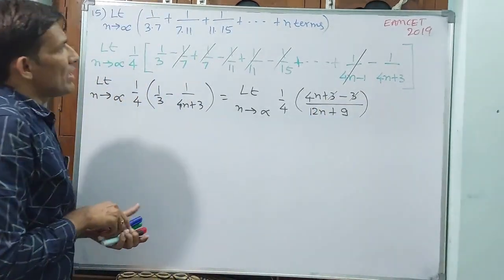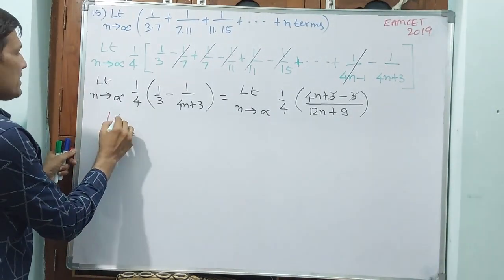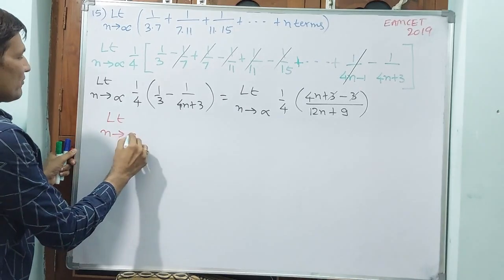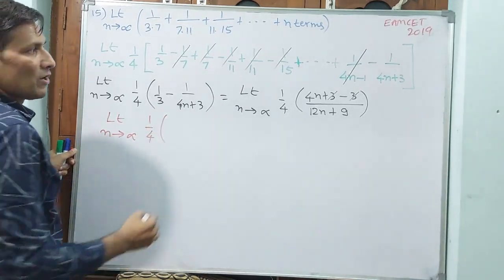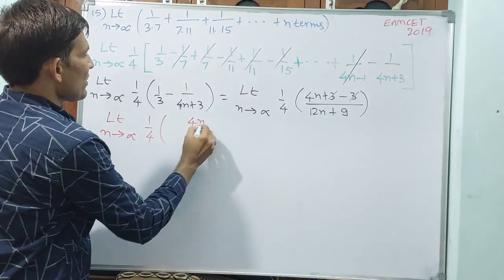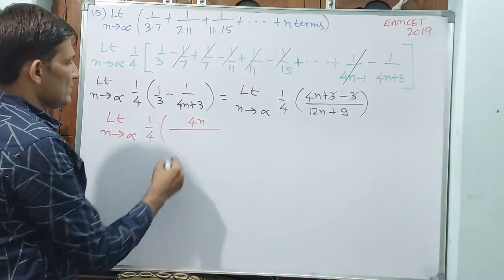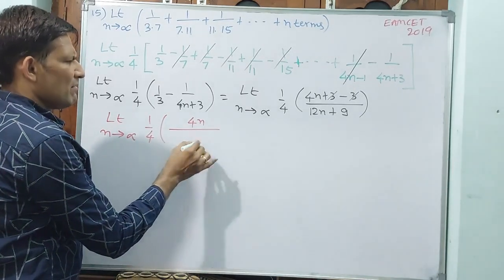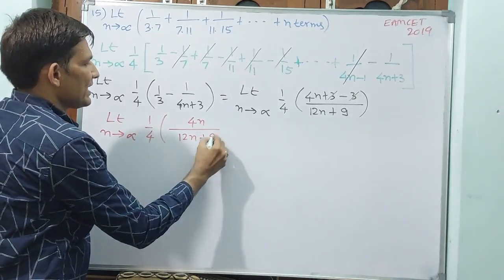This is going to become limit n tends to infinity 1 by 4 into, only 4n will be there in the numerator, divided by 12n plus 9, not 3.